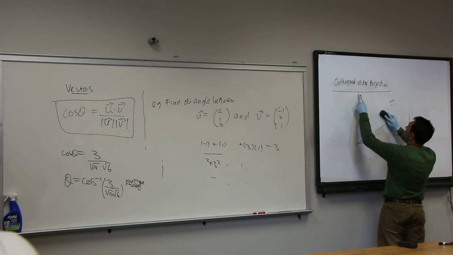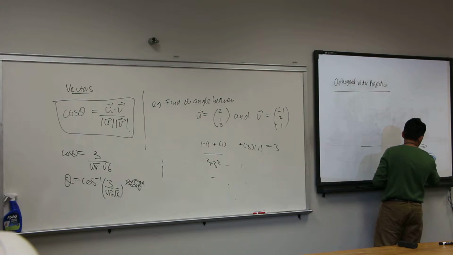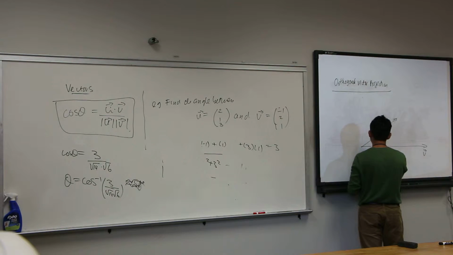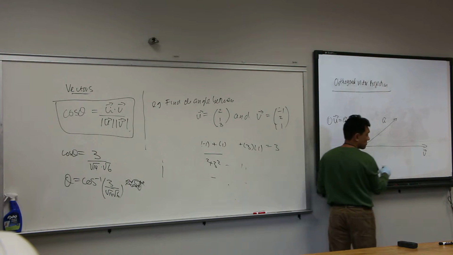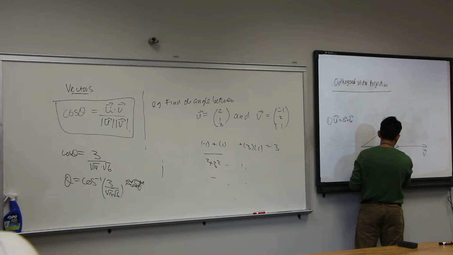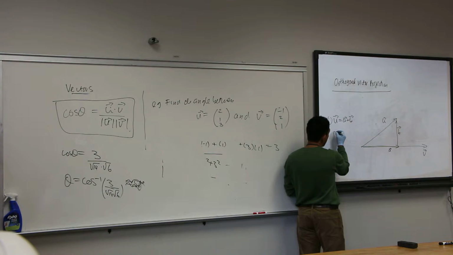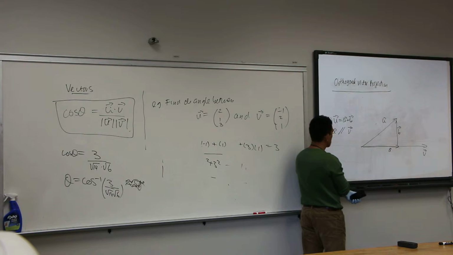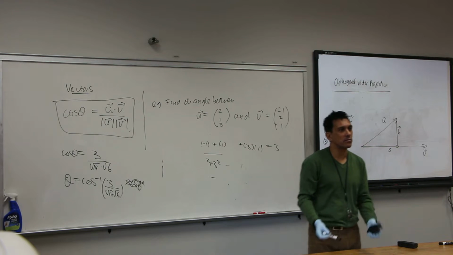This is what I mean by orthogonal projection. You're going to have a vector V, you're going to have a vector U, and you want to write U as the sum of two vectors, A and B. Moreover, A is parallel to V, and B is orthogonal to V. Clear?